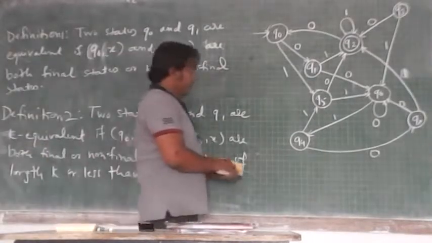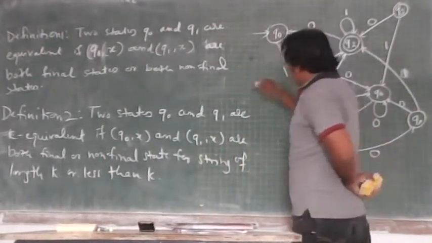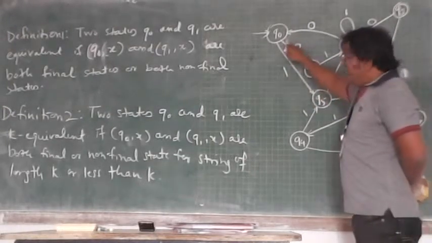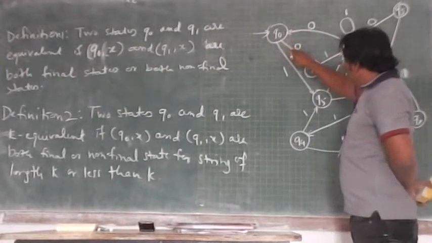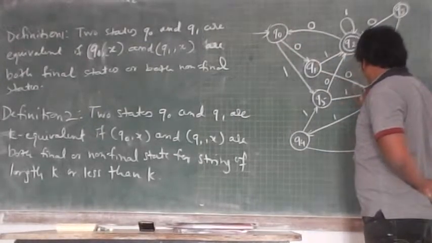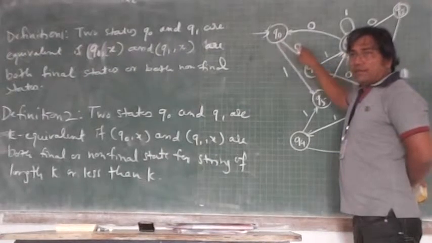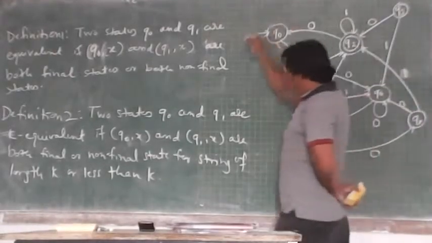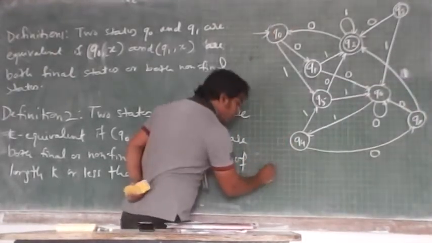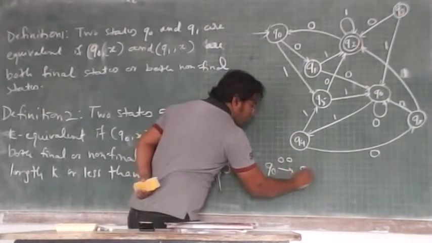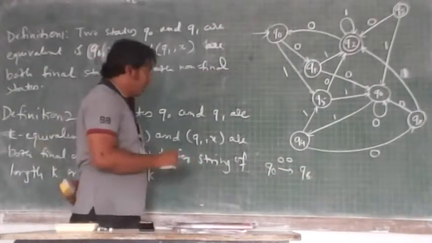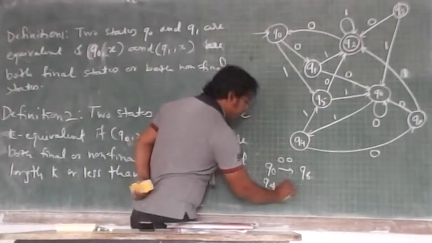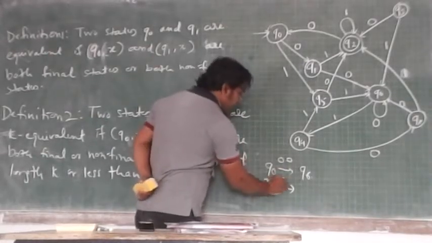For example, from state Q0 I will take a string of length 2, the string 0, 0. Where do I reach? Q6. And from another state Q4 with the same string 0, 0, where do I reach?